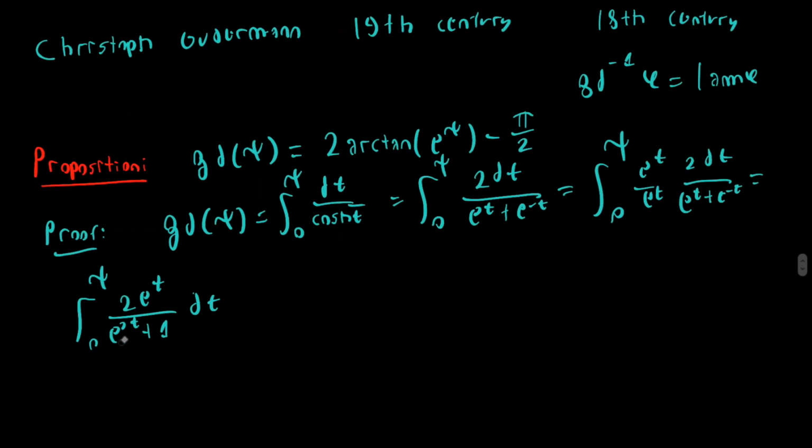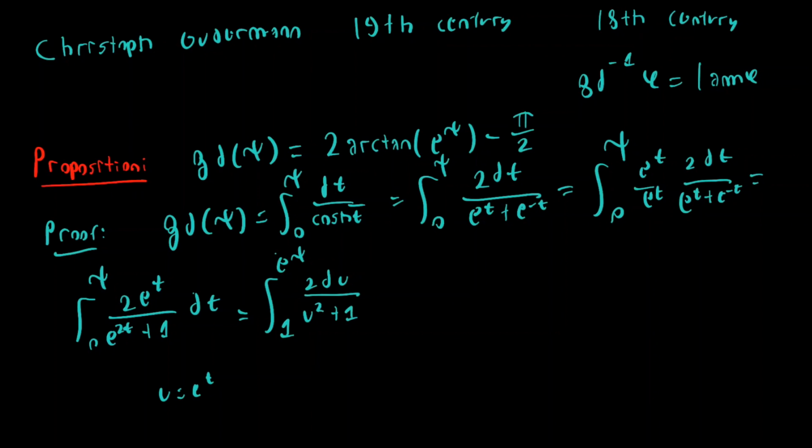And now this is a very easy substitution. We can substitute u to be e to the t, and du will be e to the t dt, and this becomes the integral from 1 to e to the psi of 2 du over u squared plus 1.